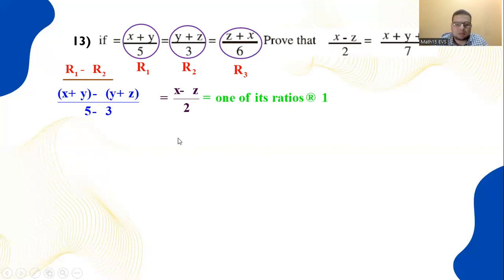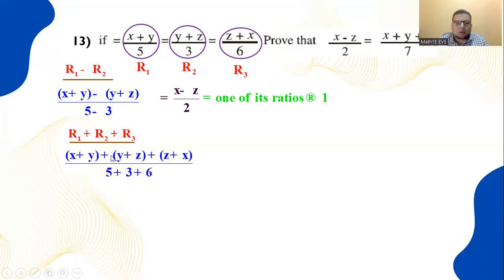This is number 1. And I need x plus y plus z. You can add all the antecedents over all the consequents also, and you will get one of the given ratios. So you will add ratio 1, ratio 2 and ratio 3, antecedent and consequent. So you will get 2x and 2y and 2z, and here will be 14.